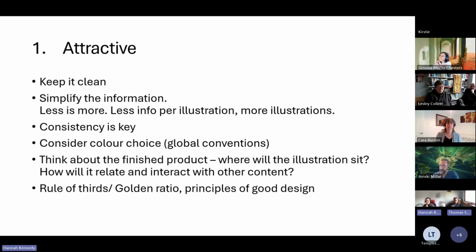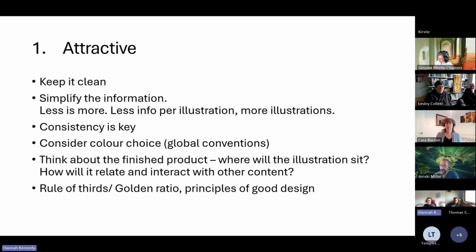It's very much a case of less is more. If you have a lot of information to impart in one illustration, and it's too much, then maybe it's better to put it into 2 or 3 illustrations. You don't gain anything from overloading illustrations.